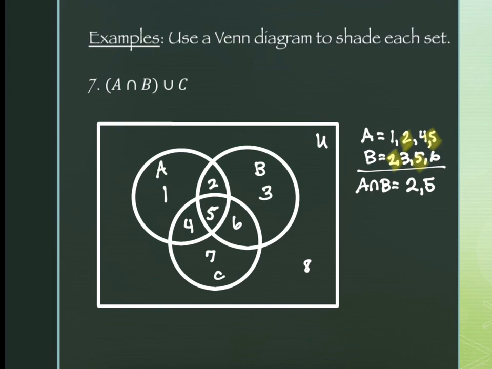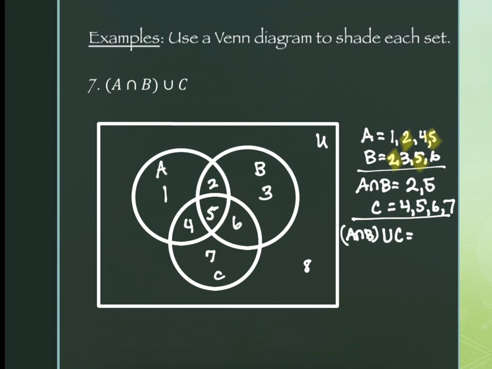Then we're going to use set C to combine. What are the numbers that are in set C? 4, 5, 6, and 7. And it says that the intersection of A and B is going to be joined with C by a union, right? What does union mean? Everything, all together. You get it all.